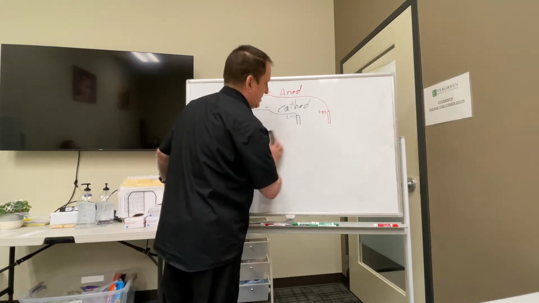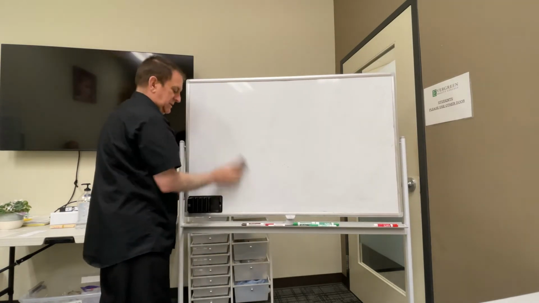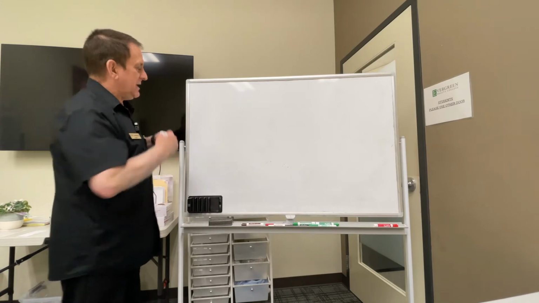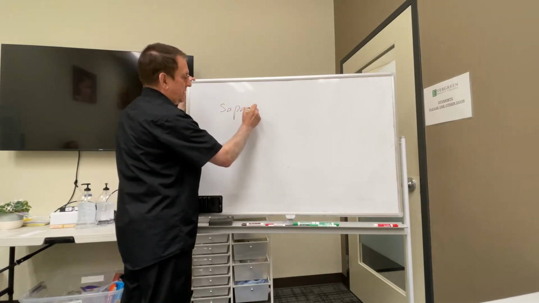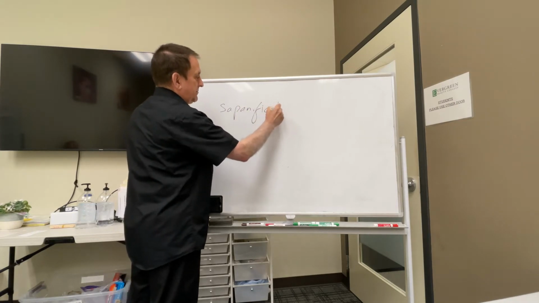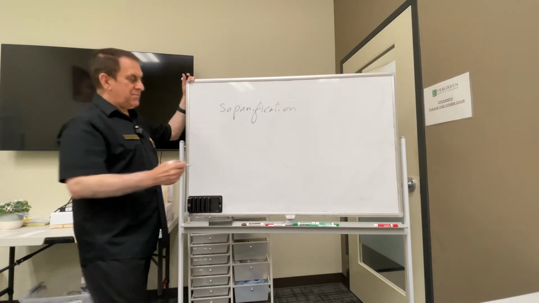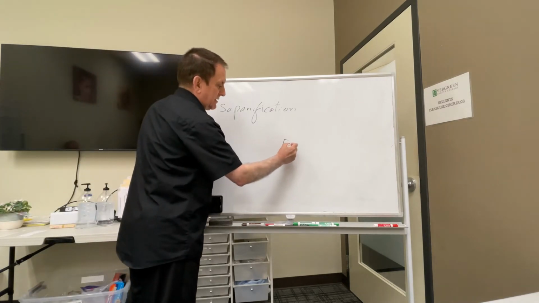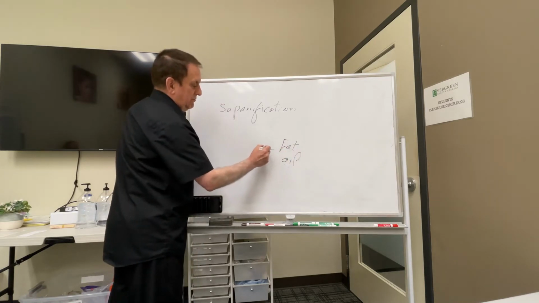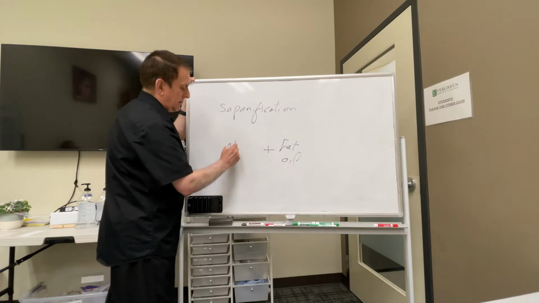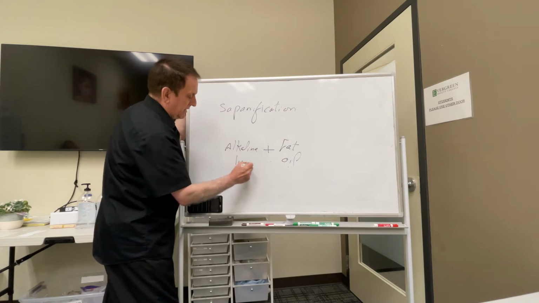What is saponification? Just have this in mind: anode, cathode, and iontophoresis. Saponification is the process when we mix fat or oil, mostly fat, with an alkaline, or it's called lye.